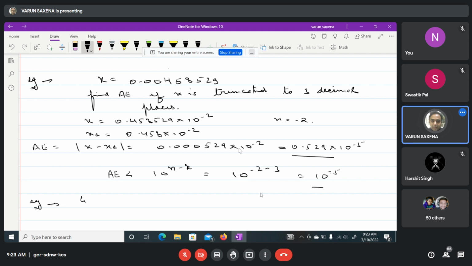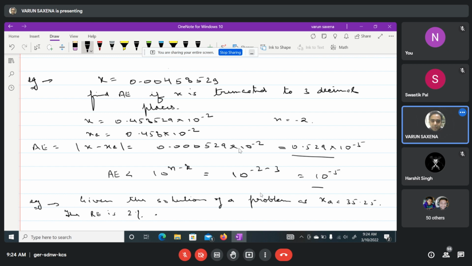Given the solution of a problem as xa equals 35.24, the relative error is 2%.